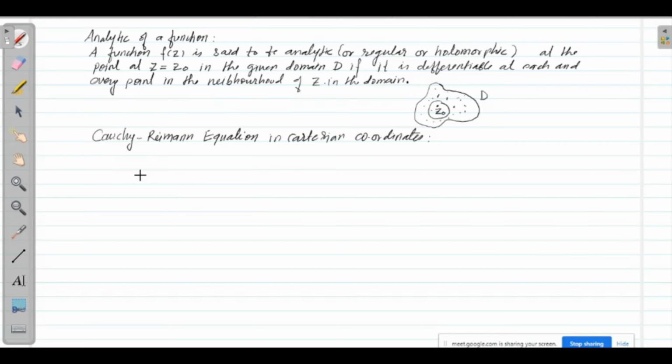Cauchy-Riemann equation. So we will have a theorem, or you can say the result.